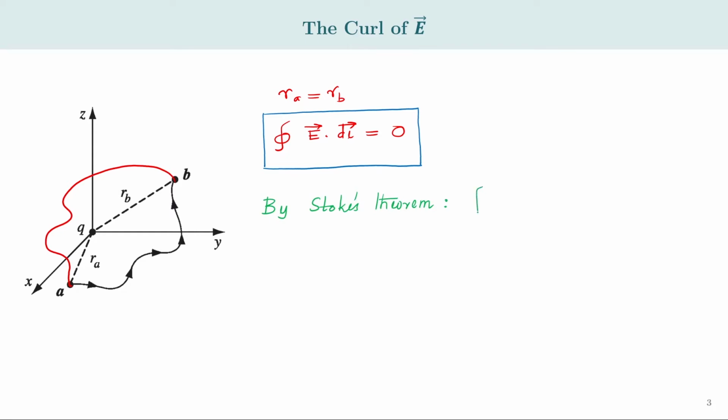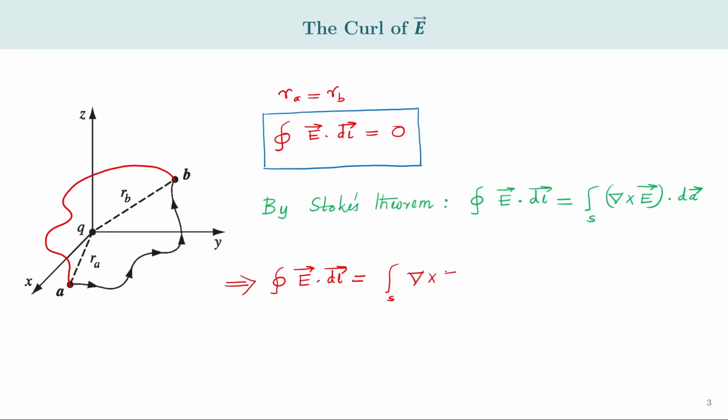But by Stokes' theorem, closed integral E dot dl is equal to surface integral del cross E dot dA. And from this, we have closed integral E dot dl equal to surface integral del cross E dot dA, which is equal to 0.